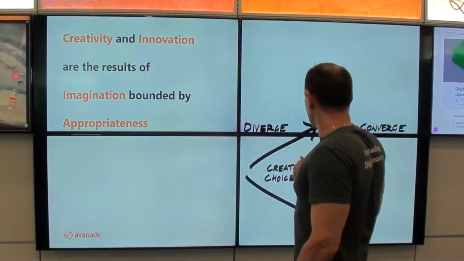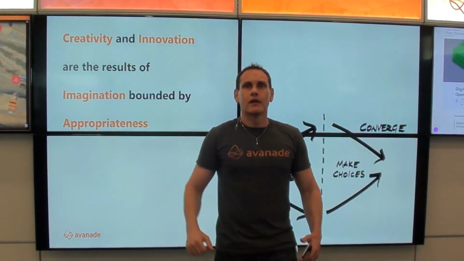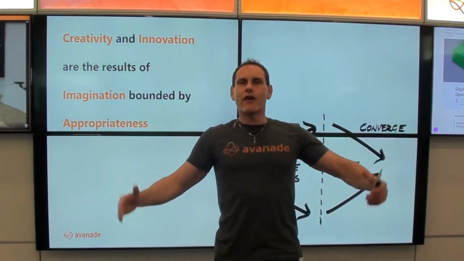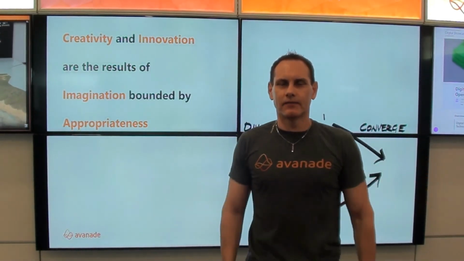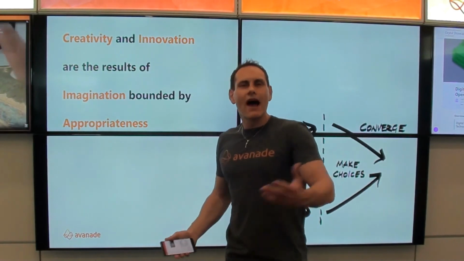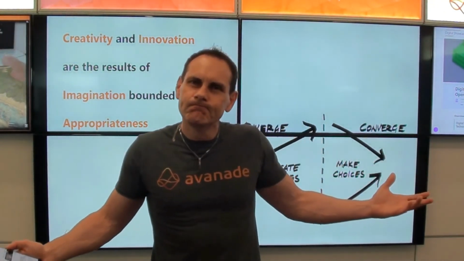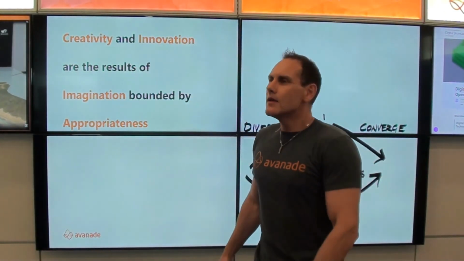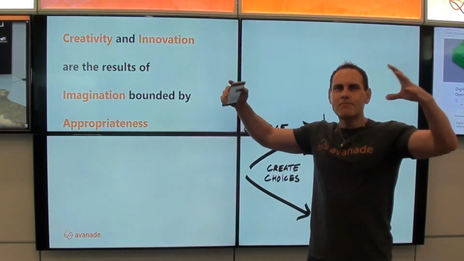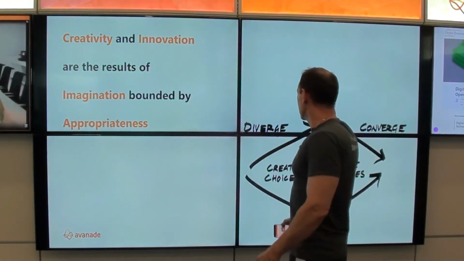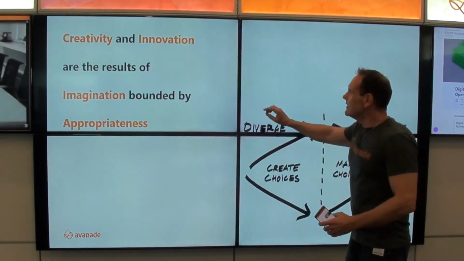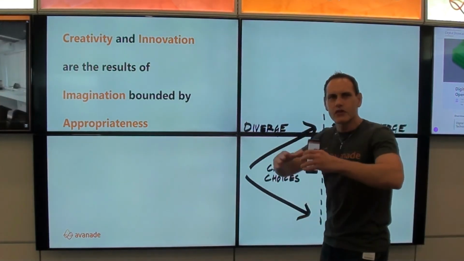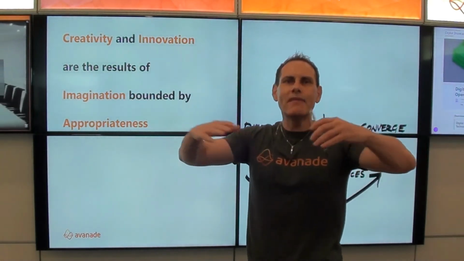If you think about imagination, kids are very, very innovative. They can think of the greatest things. Now, can these things actually be done? Maybe, maybe not. They don't care though, right? It's unbounded imagination. It's divergence. Imagination is a very divergent process. It's the creation of choices. Many, many choices.